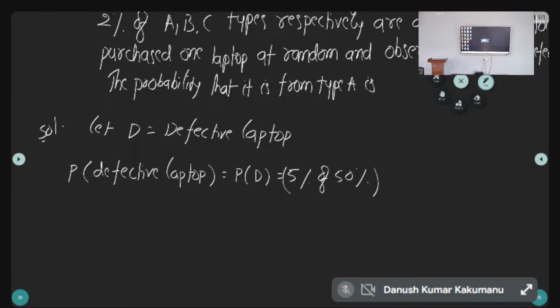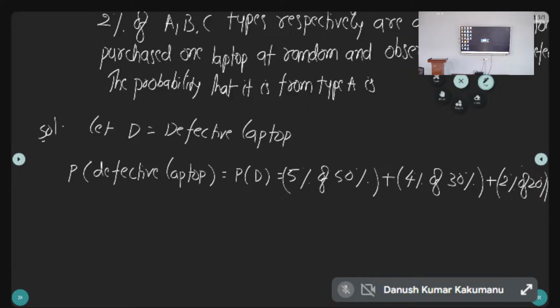A defective one may be 5% of 50% from type A, or, where or means plus operation, it may be 4% of 30% from type B, or it may be from 2% of 20% of type C. This goes to the denominator only.